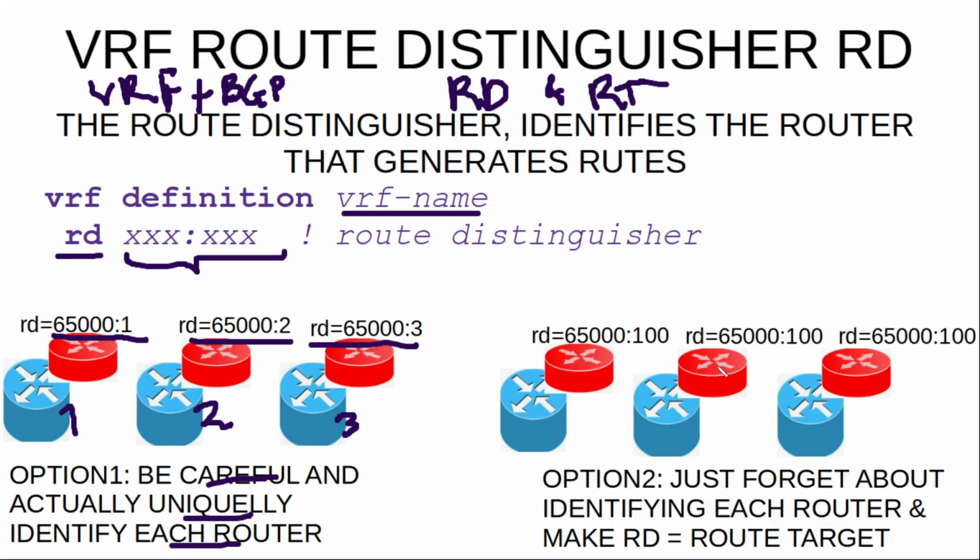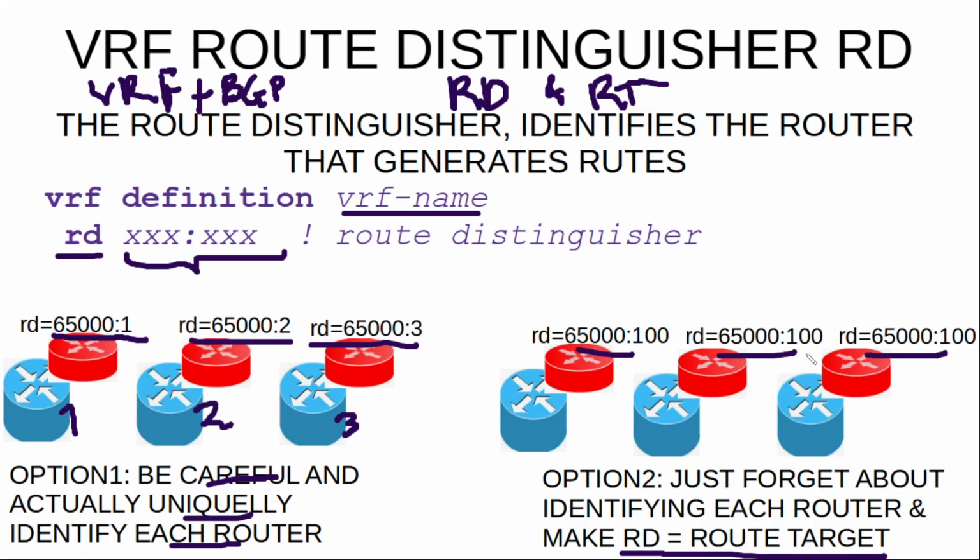So I just go and say route distinguisher will be equal to route target. So for all my red VRFs, I'm going to use the same route distinguisher. That will be the same as the route target. We are going to talk about route target in a second.